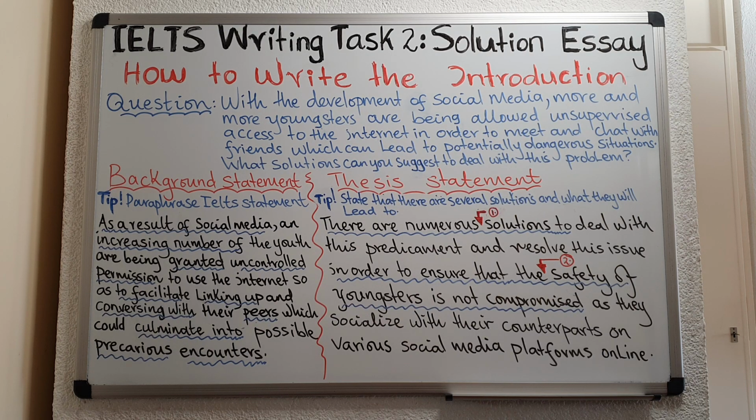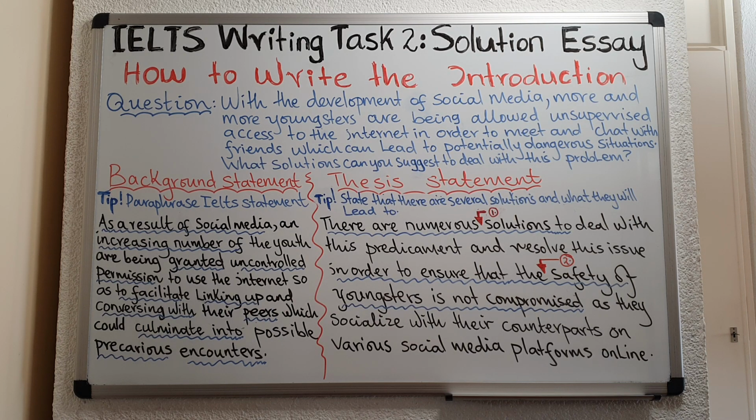So once the solutions have been implemented, the ultimate result is that the safety of youngsters is not going to be compromised. When we say not compromised, it means that young people will be safe.